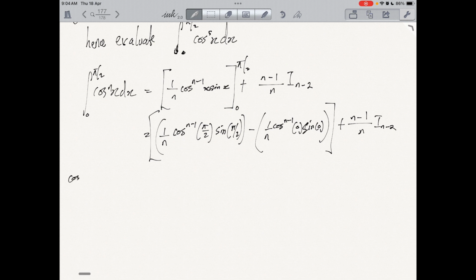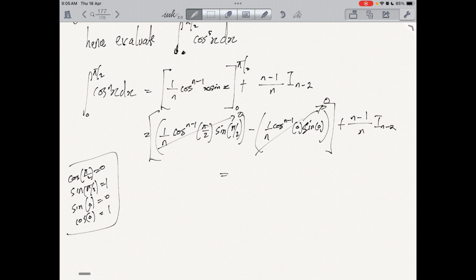Now cos pi over 2 is equal to 0, sine pi over 2 is equal to 1, sine 0 is equal to 0, and cos 0 is equal to 1. So applying these principles here, then we know that this and likewise this will nullify into 0.